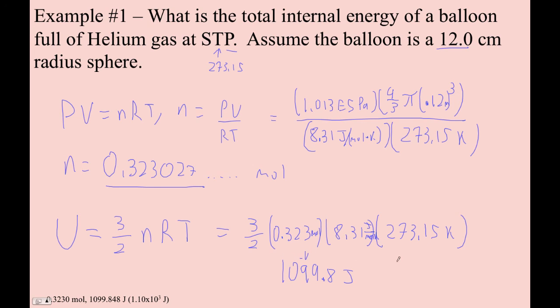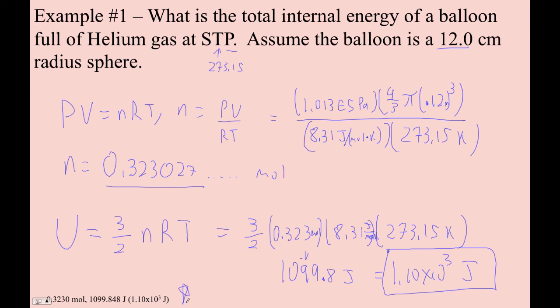You have to go 1.10 times 10 to the 3 joules. Or just write it as 1100, which rounds up.